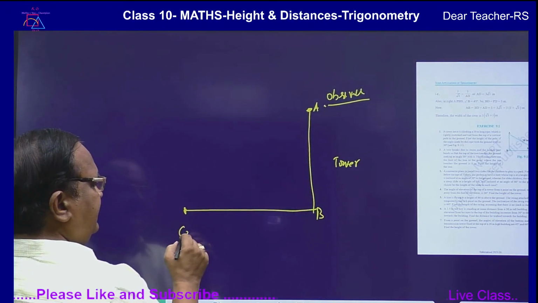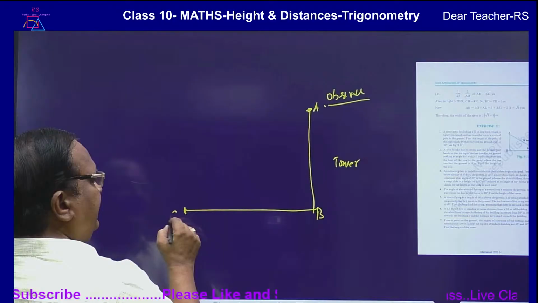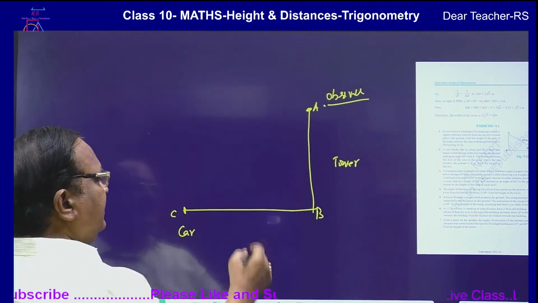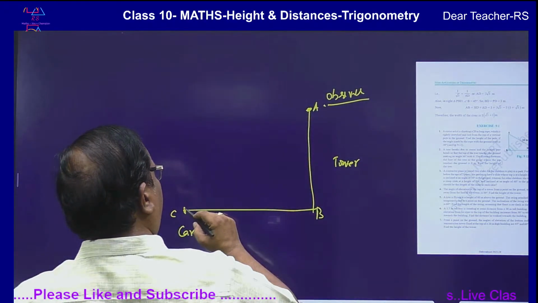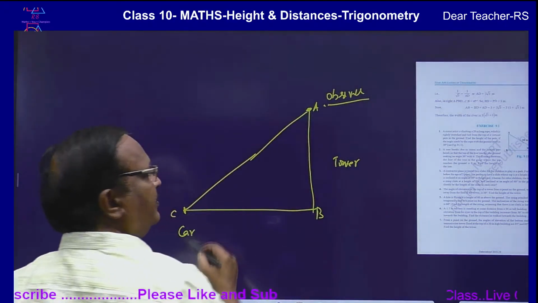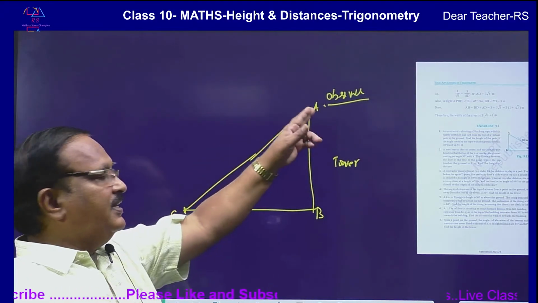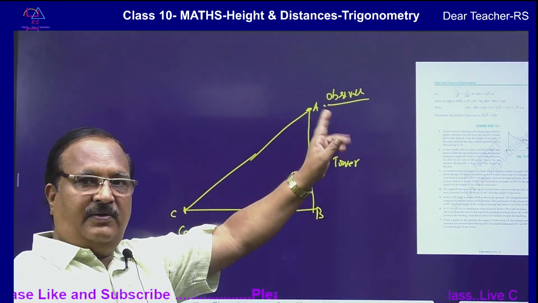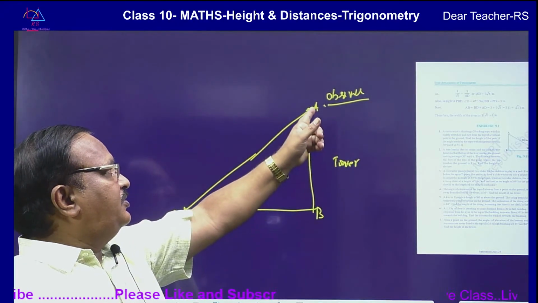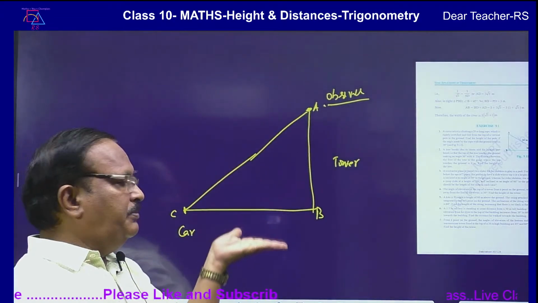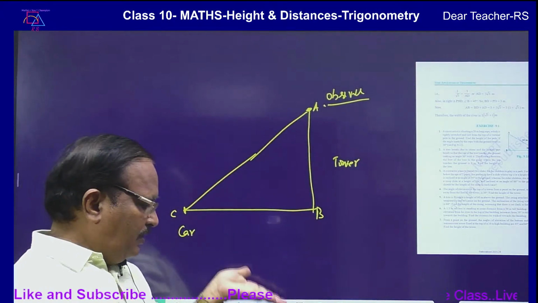Let us say this is a car. Okay, C is the car. Now the observer is observing the car. Diagram looks the same, but the position of the observer is at the top of the tower. So now observer is observing an object which is below, down.